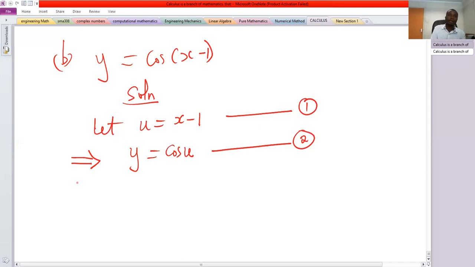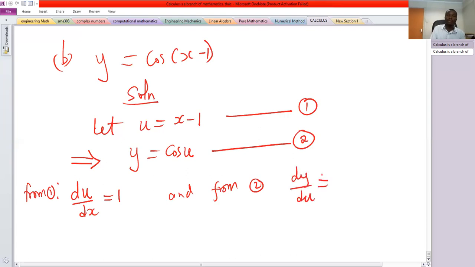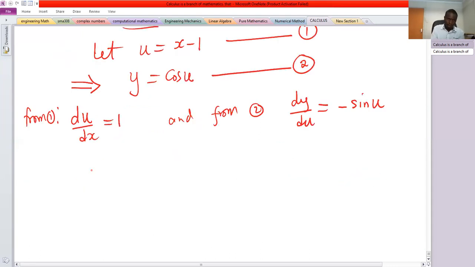Now, from 1, du dx is 1, and from 2, dy du, derivative of a cos function is a negative sine function. So dy dx is dy du times du dx.